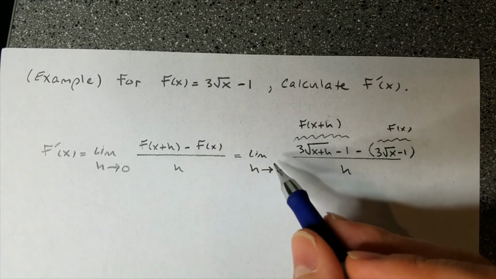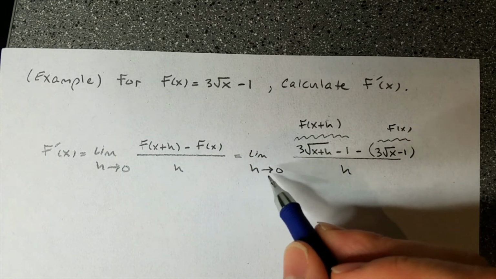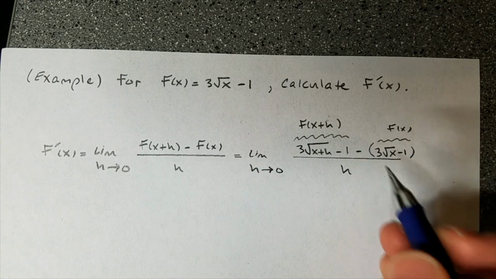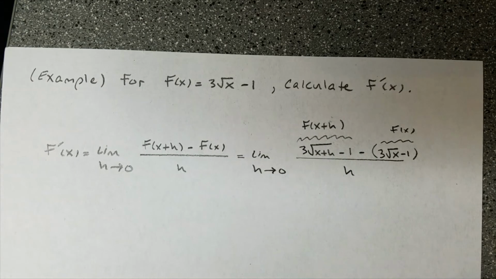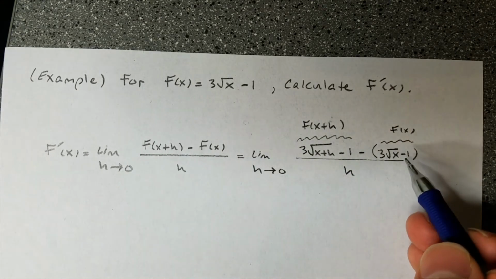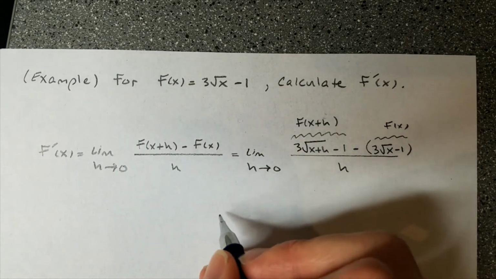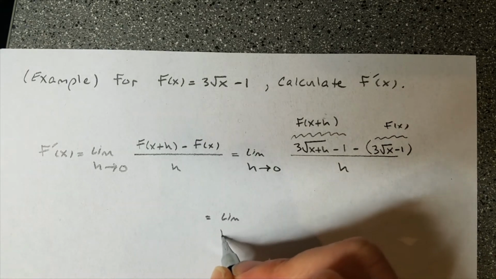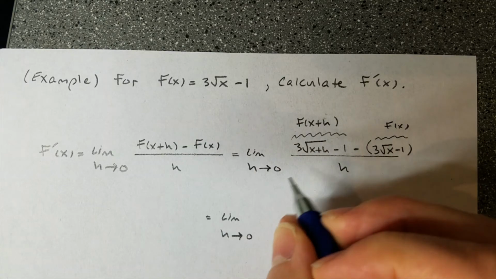Now again, to do this limit, you can try just putting 0 in for h, but it won't work. You'll get an undefined expression. You'll get 0 over 0. So we have to simplify this. First thing I'll do is this. I'll say limit as h goes to 0.